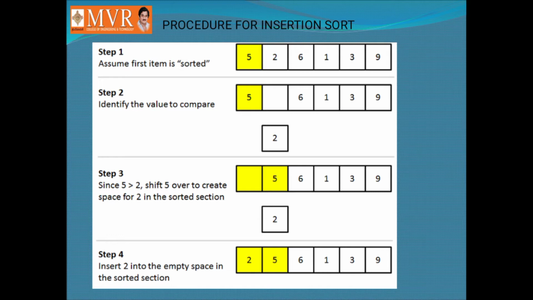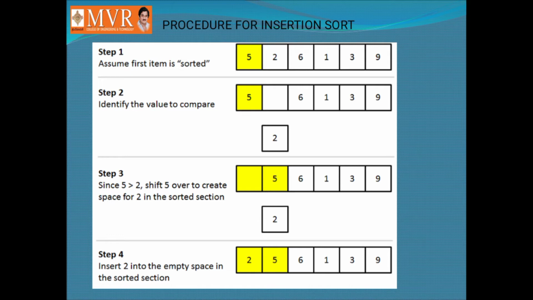After that, again compare the first position element with the second position element. Now compare 5 with 6. After comparing, both the elements are in order, so there is no need of swapping. After that, continue the process until all the elements in the array are sorted.